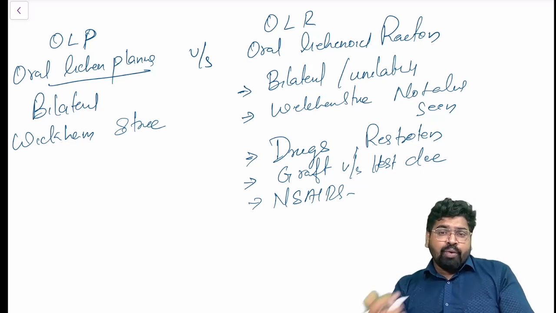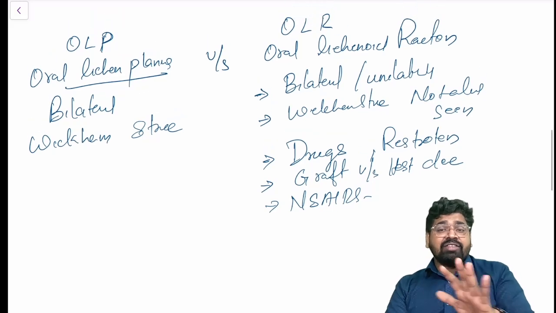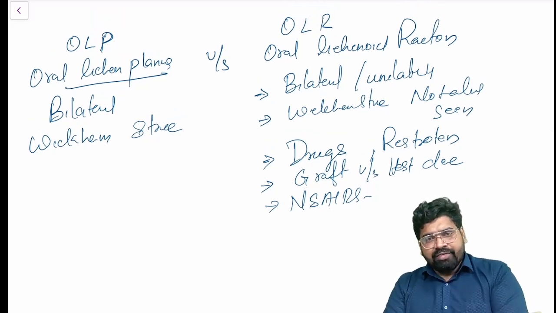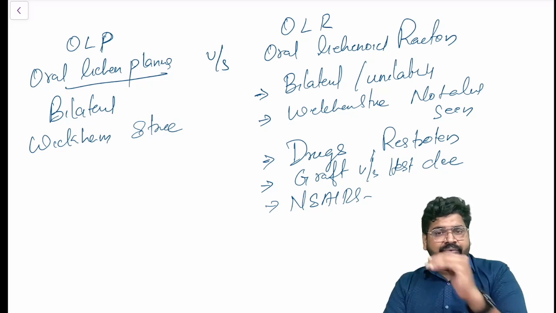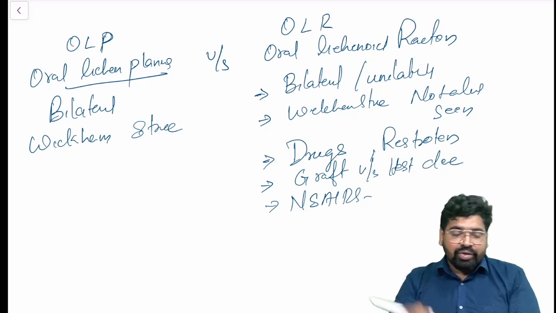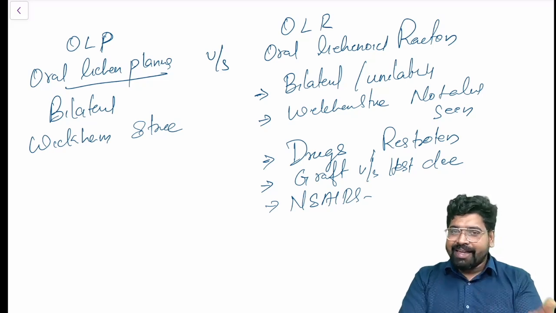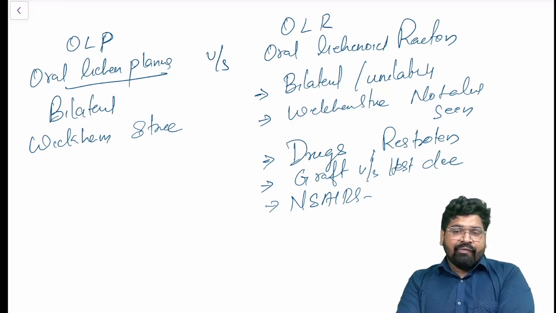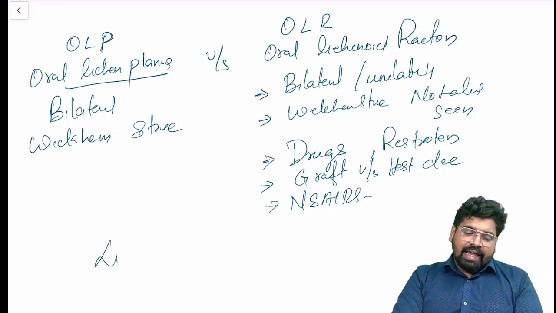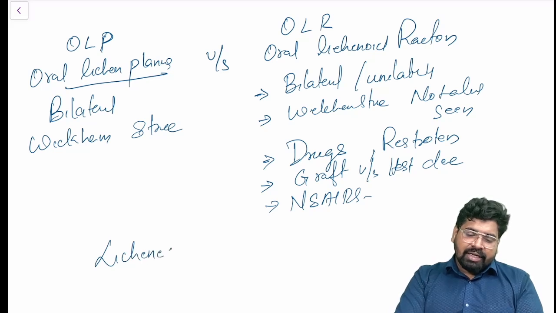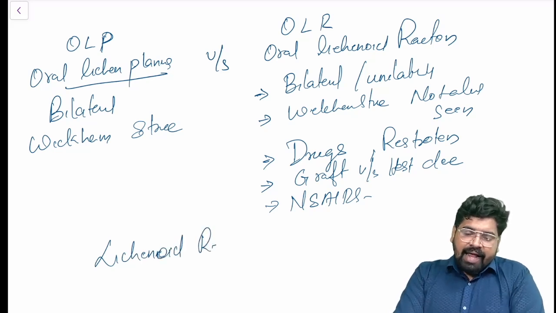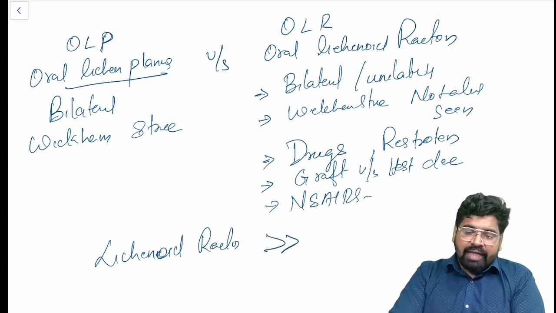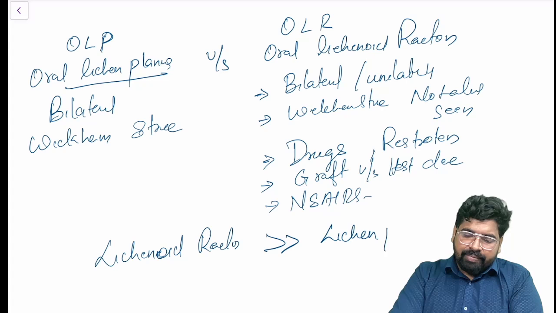An important factor is which is more dangerous, lichen planus or lichenoid reaction, in terms of transforming to a malignancy. You know that lichen planus is a pre-malignant lesion, or we now call it OPMD, oral potentially malignant disorder. Your lichenoid reaction is far more dangerous than lichen planus.